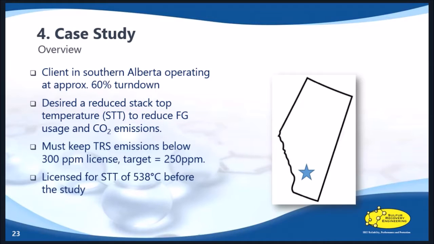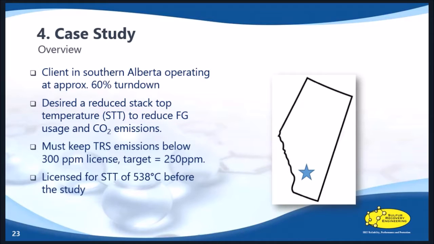The desired stack top temperature reduction we applied for is to 300 degrees centigrade to get the waiver. That means they are licensed to operate the stack top temperature at 538 degrees centigrade, and we want to study reducing the temperature to 300 degrees centigrade.